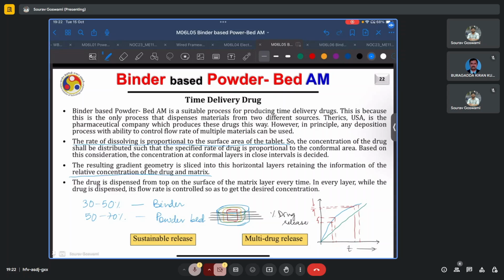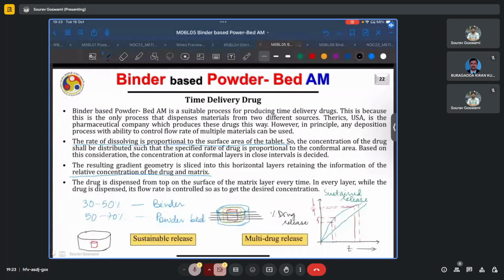Also, as you can see, this phenomenon is known as sustained release, and this can also be leveraged for multi-drug release, where you make a pill which has one drug on the outside and another drug contained inside, which only gets activated once the outer drug is sufficiently dissolved.